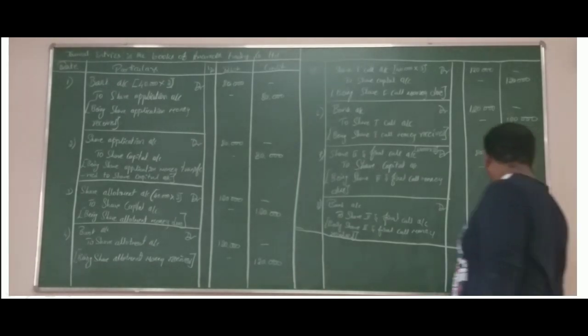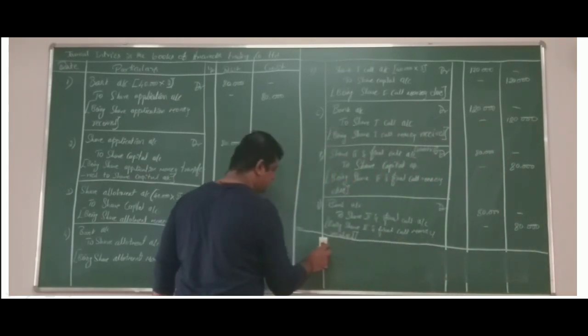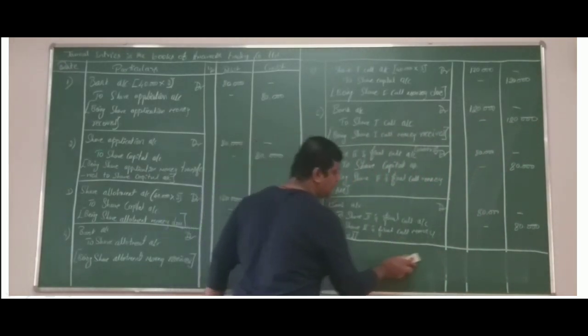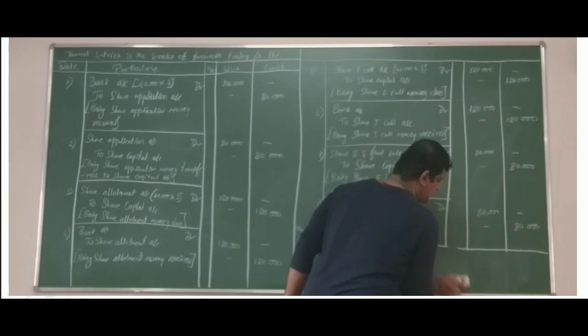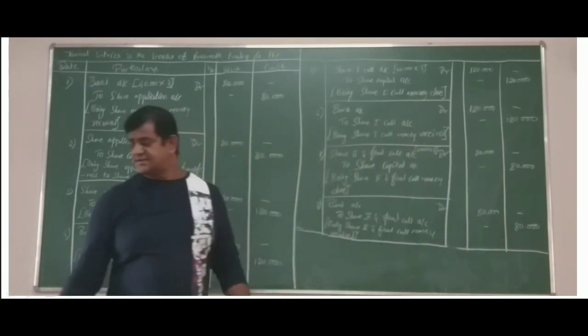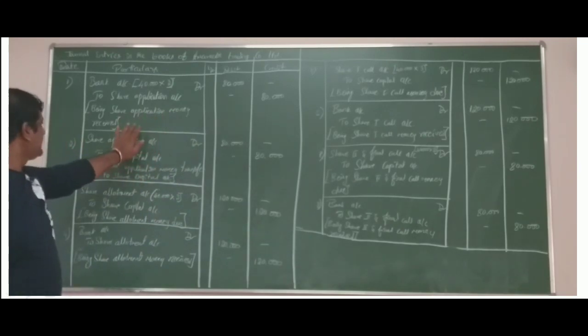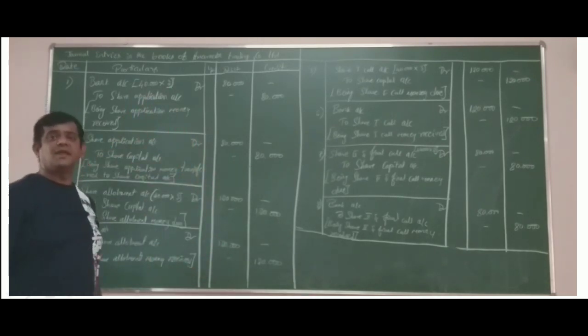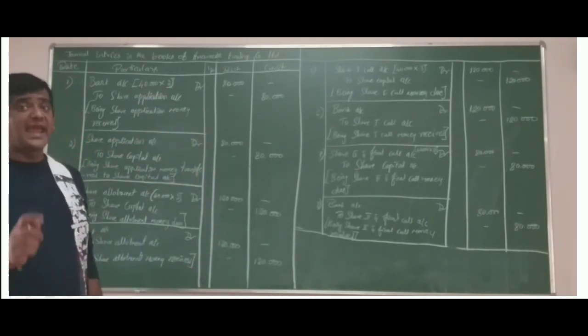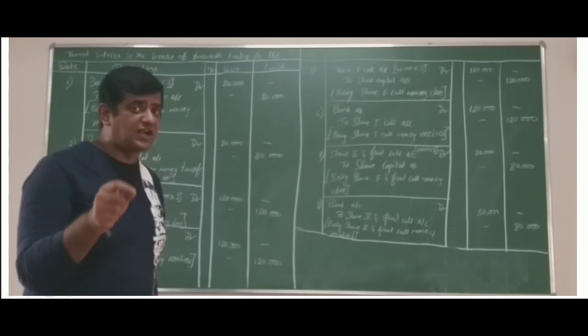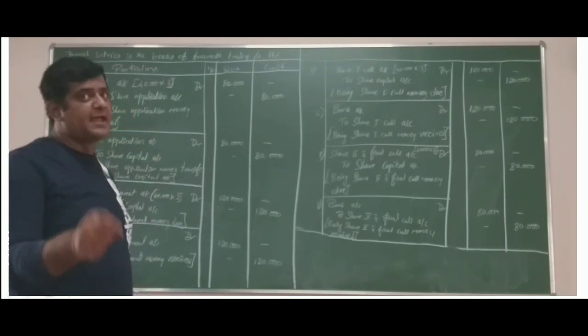So now we are done with the journal entries of all the transactions. Here you have to understand it is very simple. There is a receive entry and a transfer entry, which remain common in all the problems. The entire journal entries will be common in all the problems, except if any additional adjustment has been given in the problem.